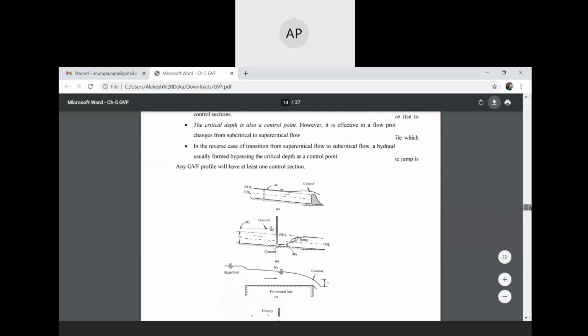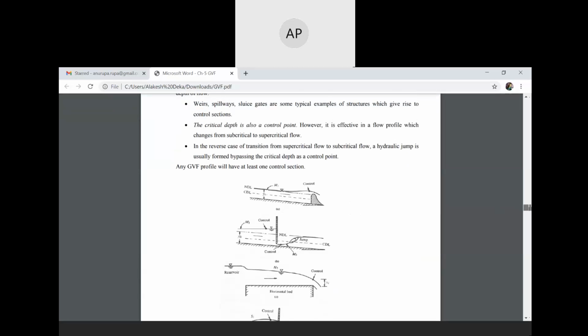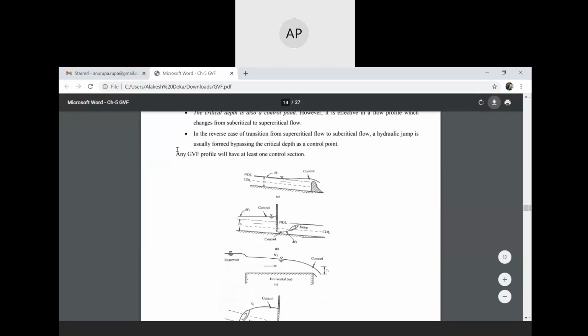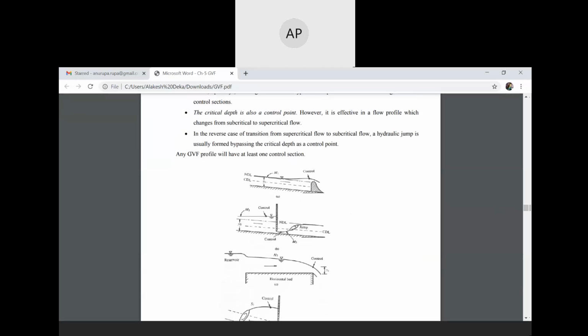Any gradually varied profile has at least one control section. So this is a very important point. Any type of gradually varied flow profile will have at least one control section.